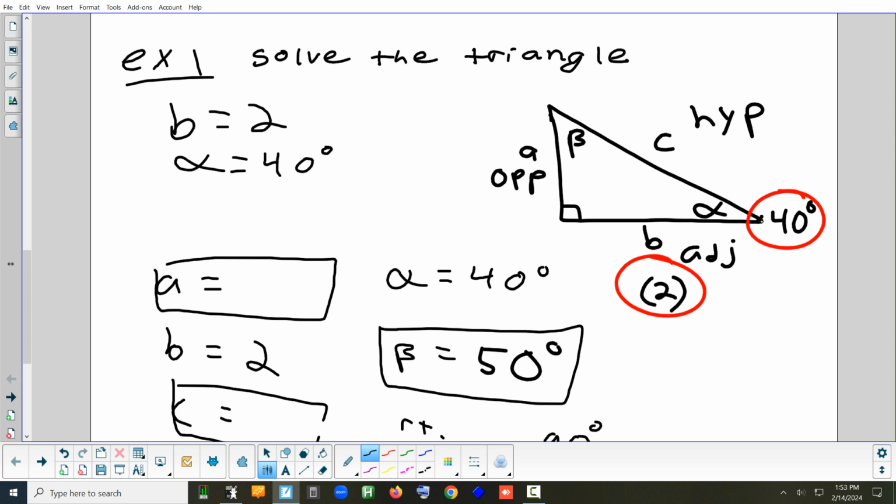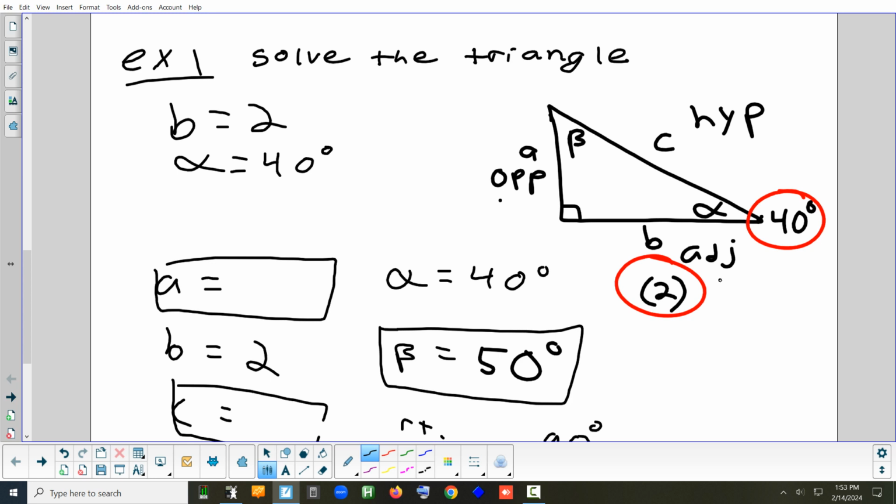Okay, now we're finding A. What's the position of side A? Opposite. And what's the position of the side that we were given? Adjacent. So we're trying to find opposite, and we know the adjacent.